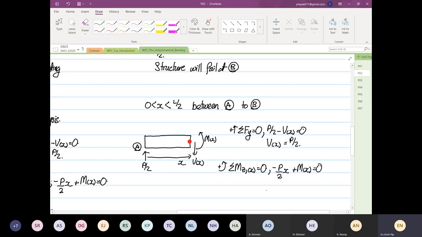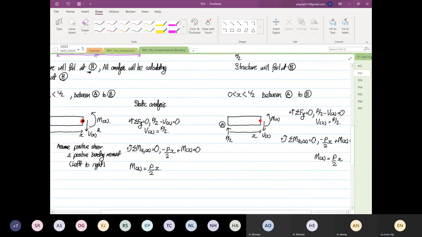So now M(x) is equal to P/2 x. Exactly the same mathematically.